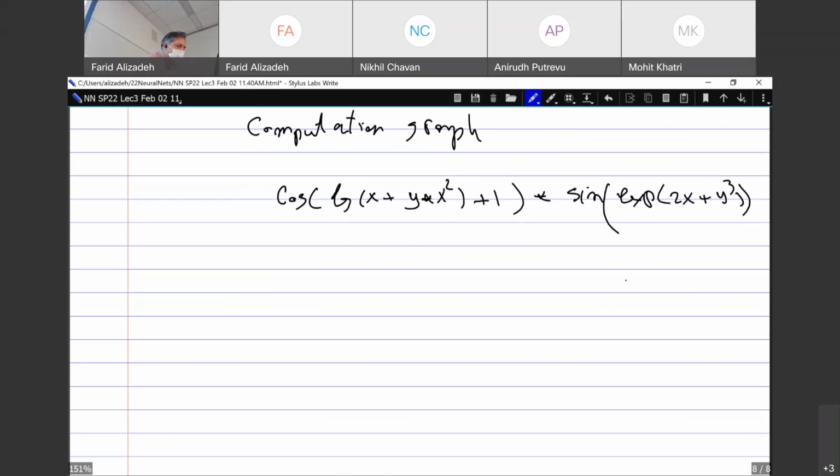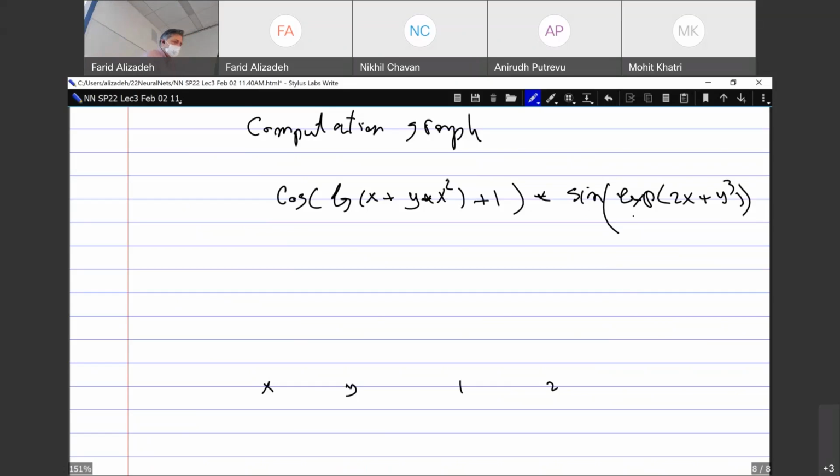So I start from the x, and the y, and then maybe there's a 1 here, and a 2 that is multiplied, okay? And then this e to the x, or exp.